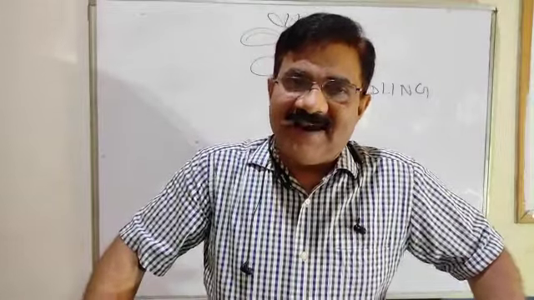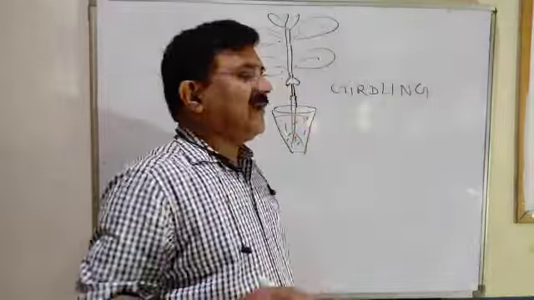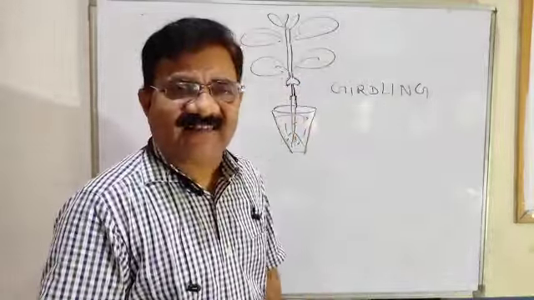Okay. This experiment is called the girdling experiment. Girdling means what? Removing the phloem from all sides, means a girdle is made. So this experiment is called the girdling experiment.